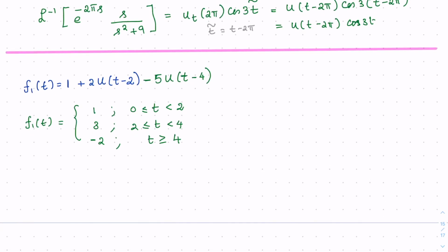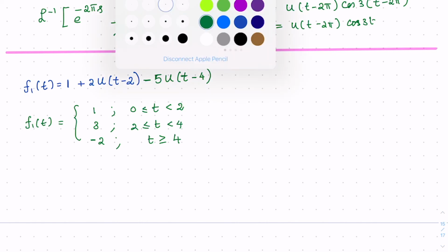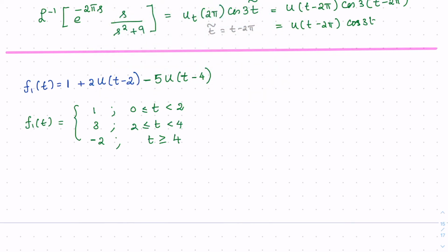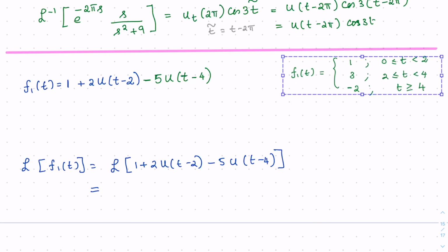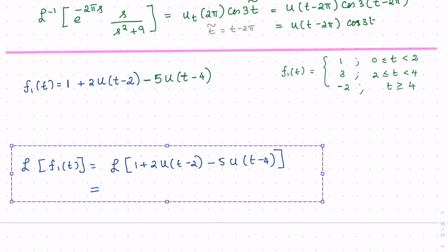If I do that, the Laplace of f1 of t is equal to Laplace of 1 plus 2u of t minus 2 minus 5u of t minus 4, which by the linearity property can then be written as, let me just move this up over here, and let me move this up over here.